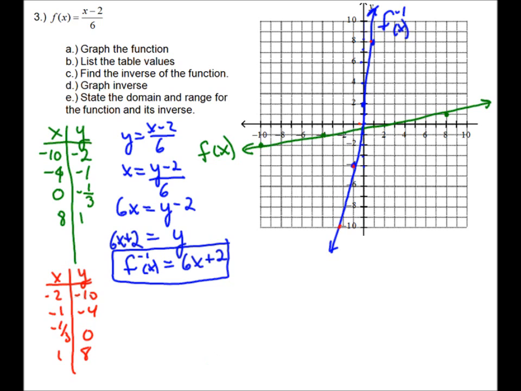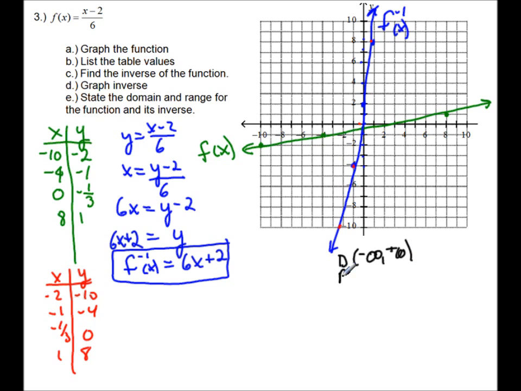Now, the last thing that we want to do is state the domain and the range of each function. So when we look at the domain of our inverse here, as we go in the positive x direction, our x value gets bigger and bigger and doesn't stop. And as we go in the negative direction, x keeps getting smaller and smaller. So it's going to be negative infinity, positive infinity.